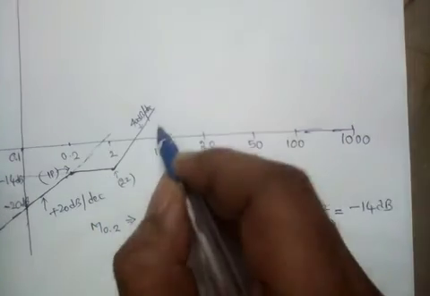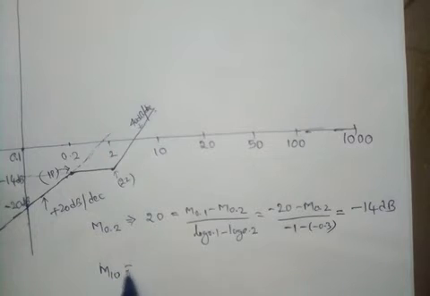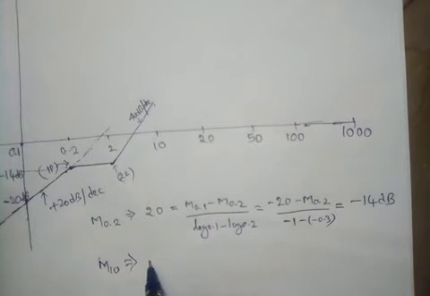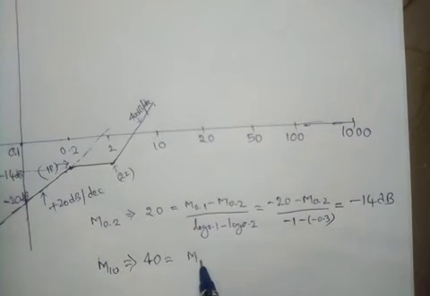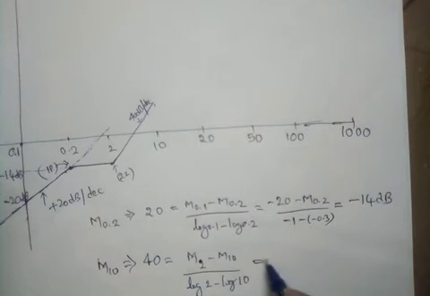So next thing is you need to find out the magnitude at omega is equal to 10. Slope is equal to 40, magnitude at 2 minus magnitude at 10 over log of 2 minus log of 10.